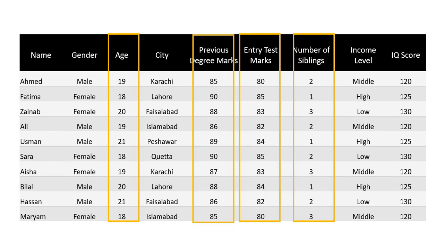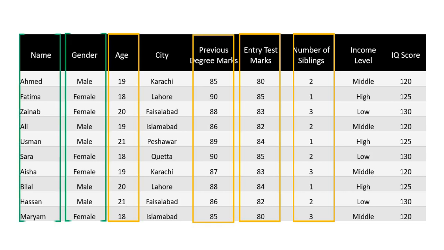In our example, which we have been discussing in this series, age, previous degree marks, entry test marks, and number of siblings are examples of the ratio level. But name and gender are examples of the nominal level, because there is no inherent order in them.